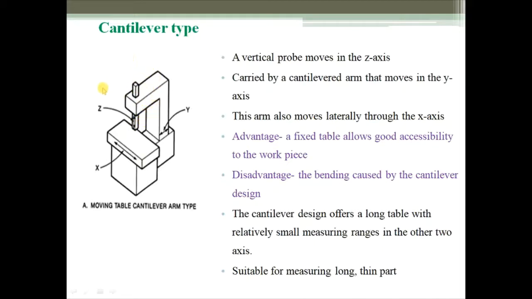Due to this design, bending may occur. The cantilever design offers a long table with relatively small measuring ranges in the other two axes, and it is suitable for measuring long and thin parts. This is the cantilever type CMM machine.